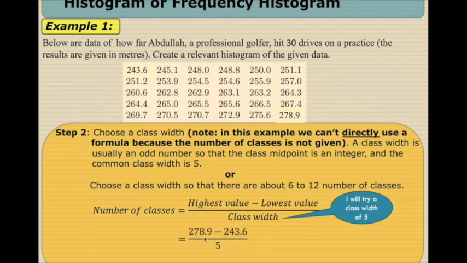So let's take a look. Number of classes is equal to the highest value subtracted by the lowest value, divided by the class width, which is 5. If you calculate it, the answer is actually 7.06, but the rule is you always round up. That's why the number of classes is 8, right?